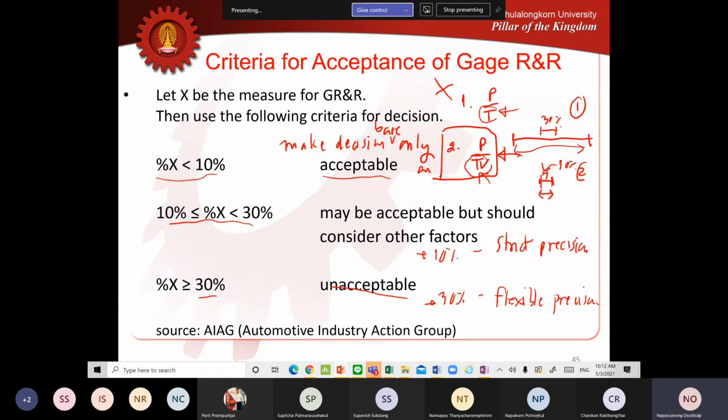Comparing with the tolerance just informs us how much variation of the gauge there is relative to the tolerance, but we do not use it as the indicator to make the decision. So we can calculate it, but we will not consider it when we make the decision. I hope you get that concept.